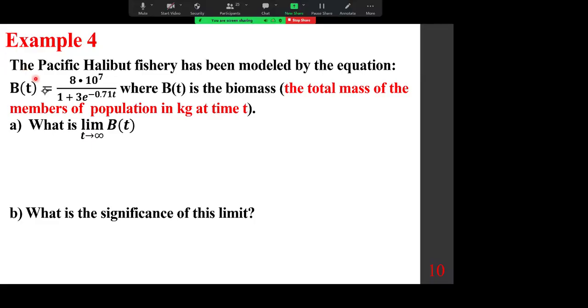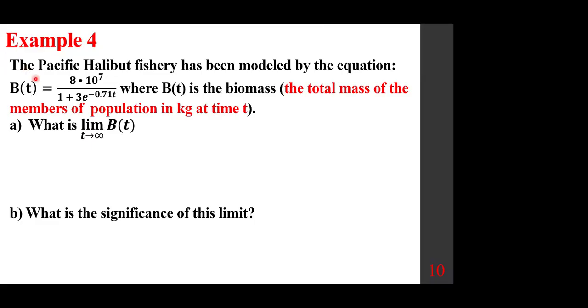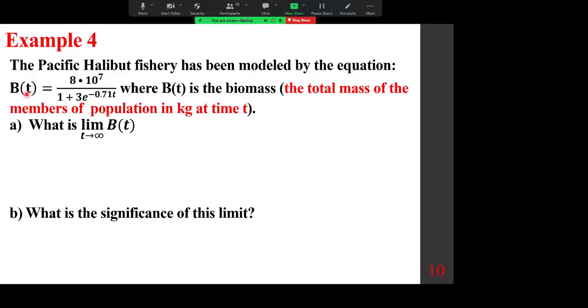Sure. The Pacific halibut fishery has been modeled by the equation B of t is equal to 8 times 10 to the 7th power over 1 plus 3e to the power of negative 0.71t, where B of t is the biomass, the total mass of the members of the population in kilograms at the time of t.